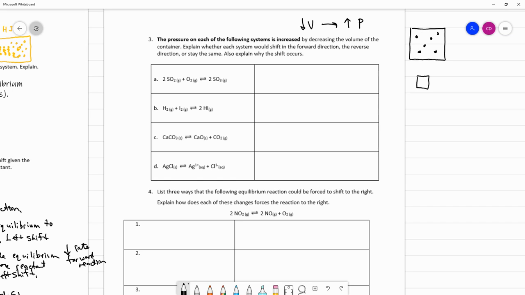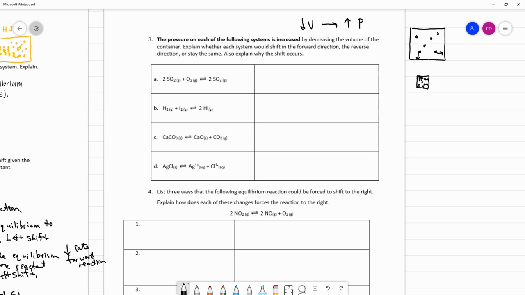But if we make that container smaller, there are still going to be the same number of gas molecules in there, but now they will be hitting the walls of the container more frequently, and that will cause an increase in pressure. So we increase the pressure by decreasing the volume.